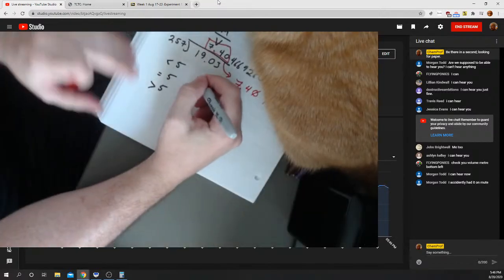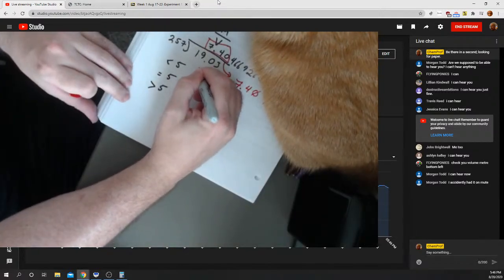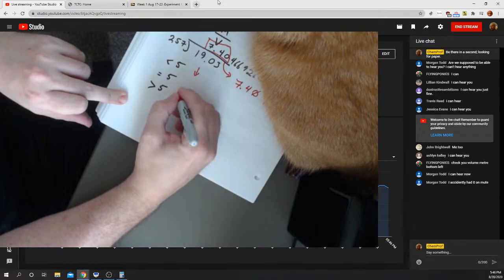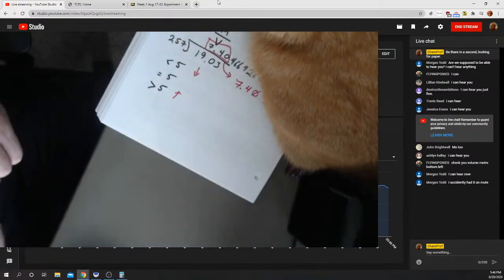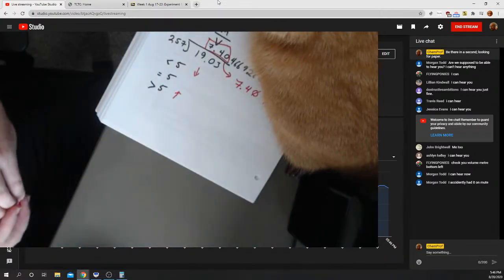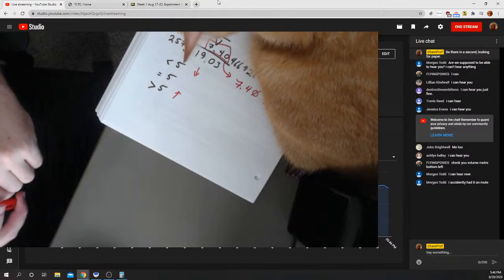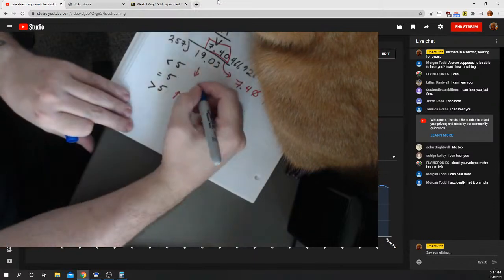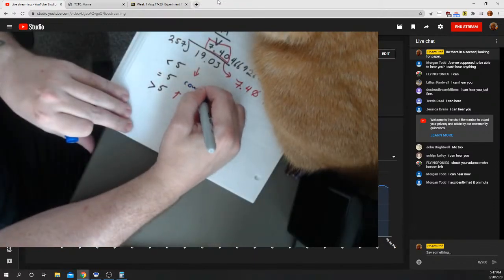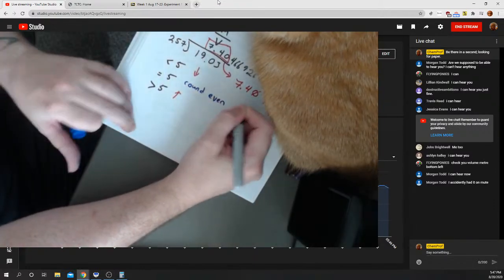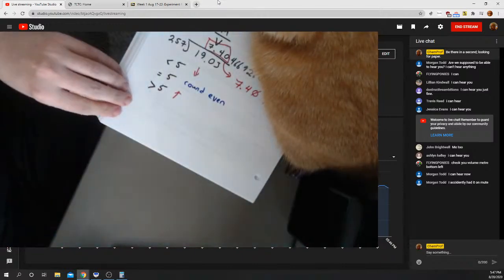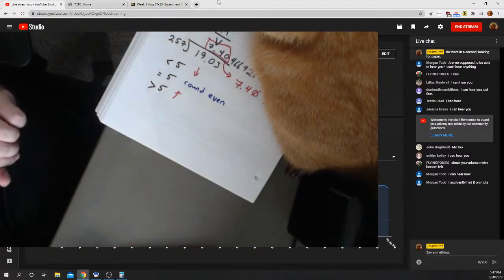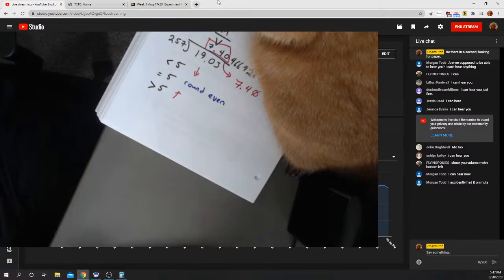So if the number you're dropping is less than 5, you round down. If it's greater than 5, you round up. If it's equal to 5, things get weird. The reason it's weird is because humans are bad at taking measurements.